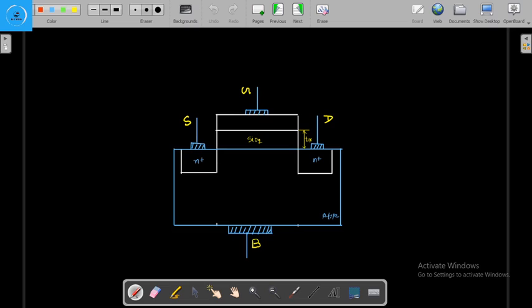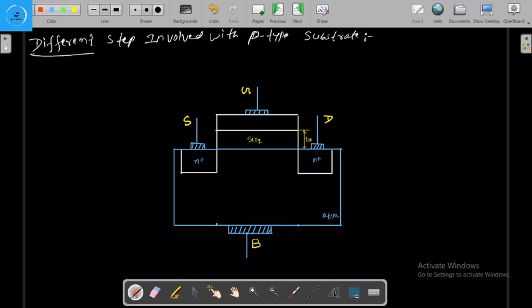This will be the different steps involved with p-type substrate, or we can say this for the NMOS, or N channel.